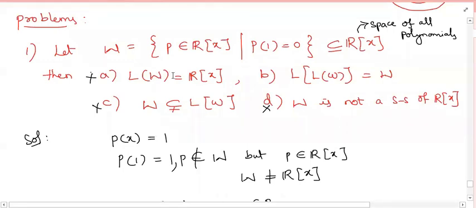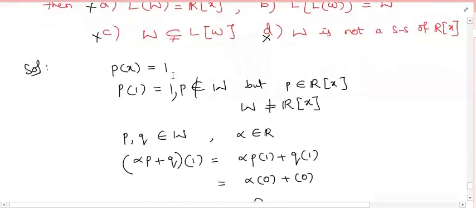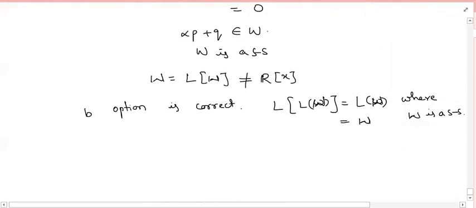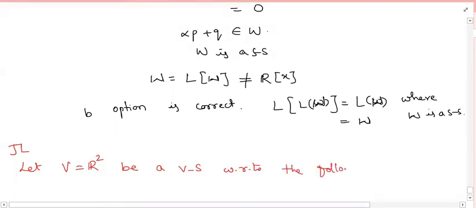Okay, next question. This question which I'm going to write is a junior lecturer question or DL question. V equals R2 is a vector space with respect to the following operations.